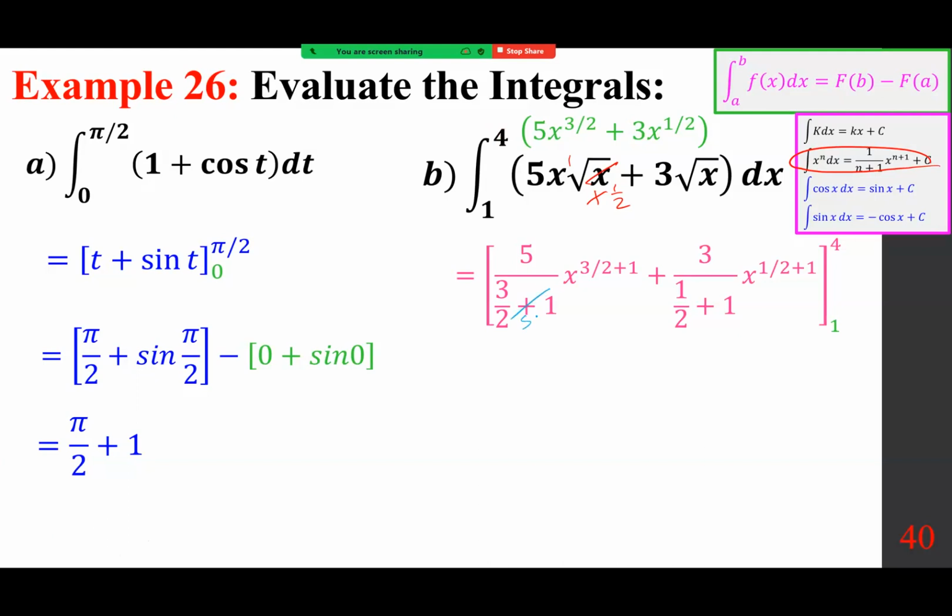This is 5/2. This is 2. 3/2. This is also 2. So we plug in 4, and then minus, we plug in 1.